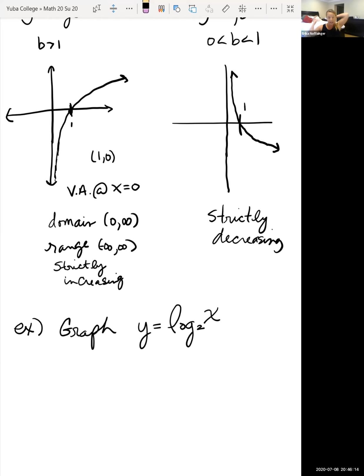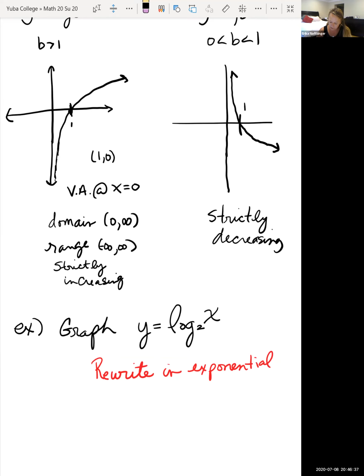Let's say I didn't know that and I wanted to plot points. Well, if we can rewrite this in exponential form, we can do that. So by definition, the exponential form is your base raised to what? Your what is the y.